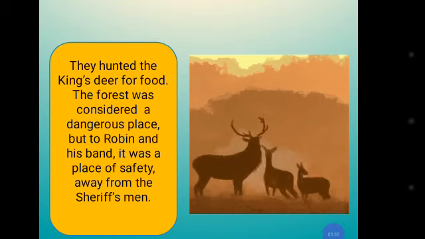They hunted the king's deer for food. The forest was considered a dangerous place, but to Robin and his band, it was a place of safety, away from the sheriff's men.